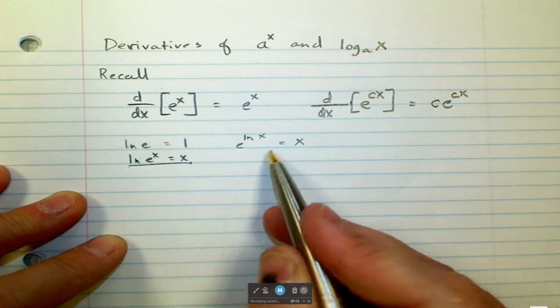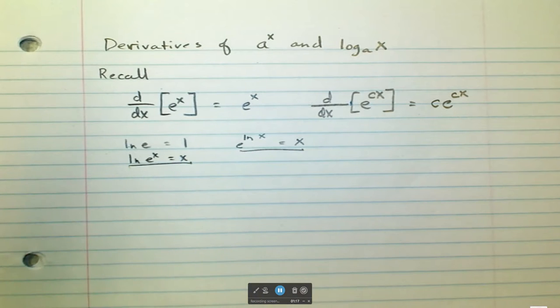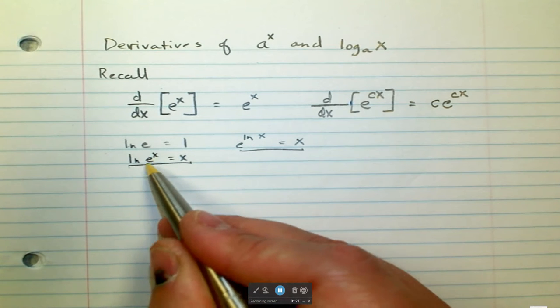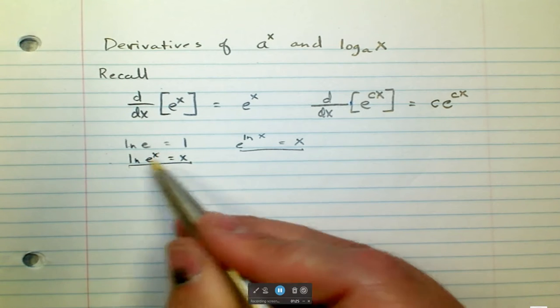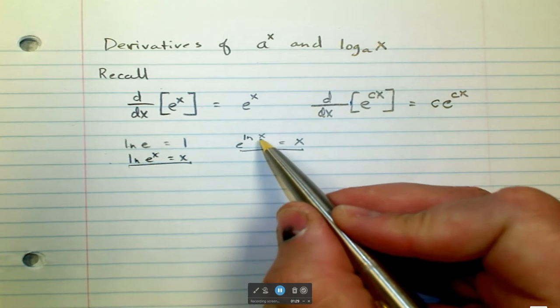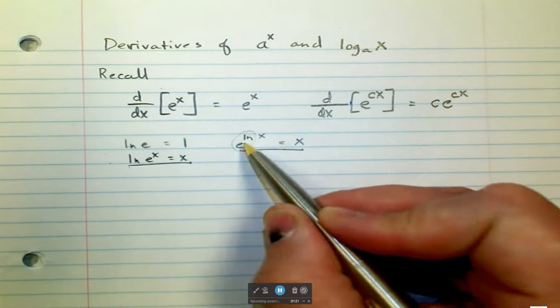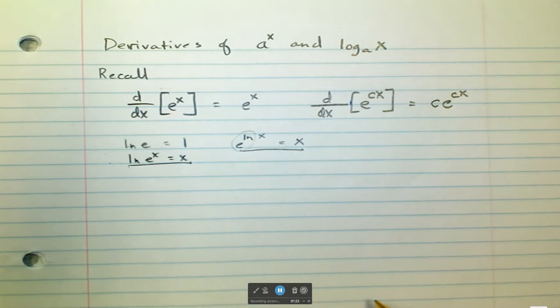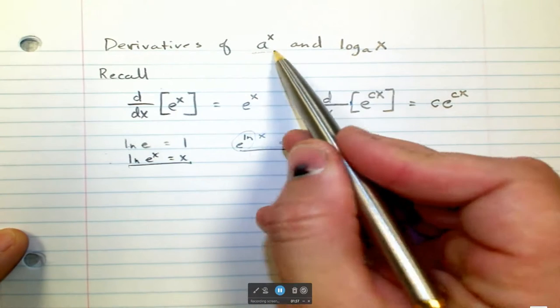You'll see these similar properties here, because natural log and e are inverses. So in the natural log of e to the x, the x comes out as a multiplier and it's the only thing left because natural log of e is 1. Vice versa here, e to the natural log of x, this is 1 and you're just left with x. So we've got to recall those things and then we can derive this derivative.